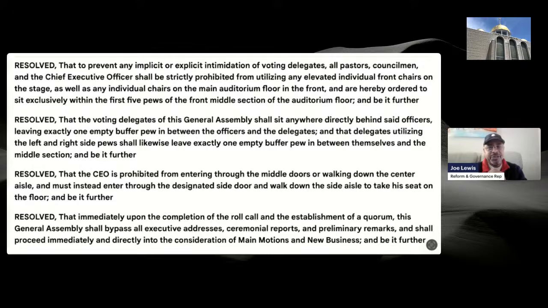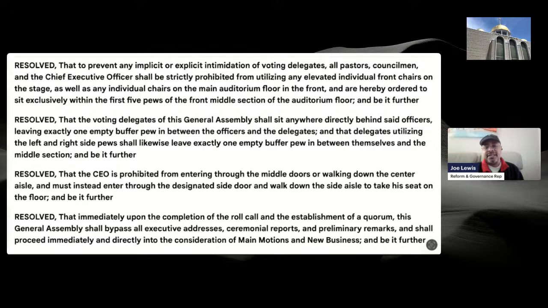But be it further resolved that to prevent any implicit or explicit intimidation of voting delegates, all pastors, councilmen, and the chief executive officer shall be strictly prohibited from utilizing any elevated individual front chairs on the stage, as well as any individual chairs on the main auditorium floor in the front, and are hereby ordered to sit exclusively within the first 5 pews of the front middle section of the auditorium floor.